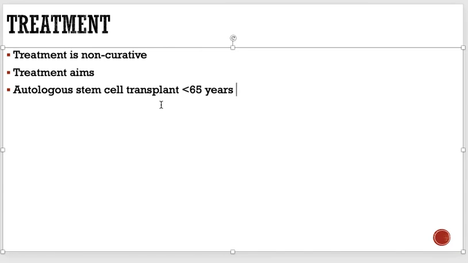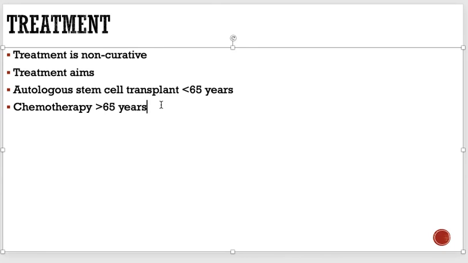We give 4 to 6 months of immune treatment, and we give drugs which are cytoreductive, which destroy and decrease all the abnormal cells. Okay, and then we go for that. This is a choice first of all for young people, younger than 65 years of age. So anyone who is more than 65, we go for chemotherapy.